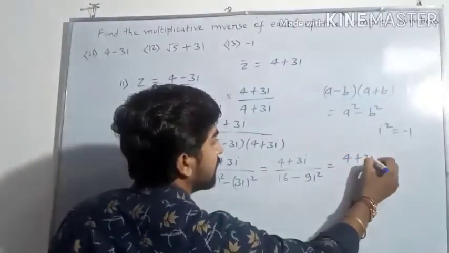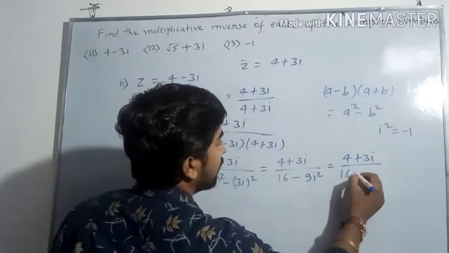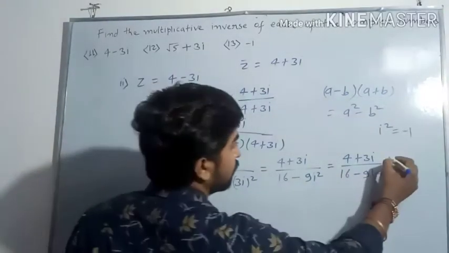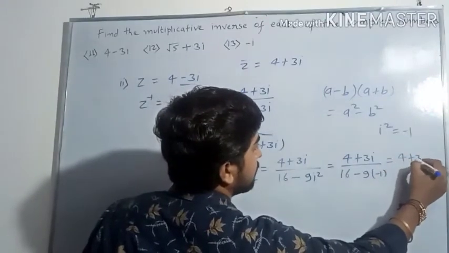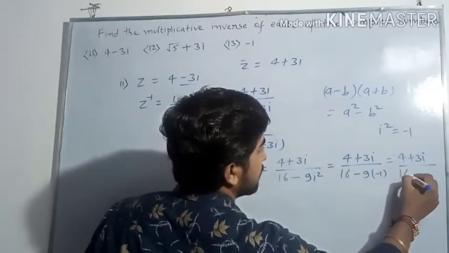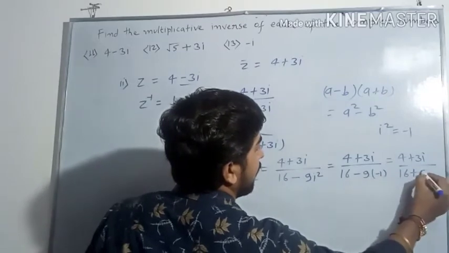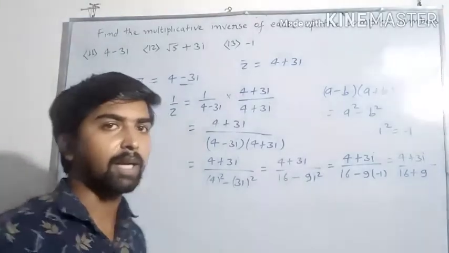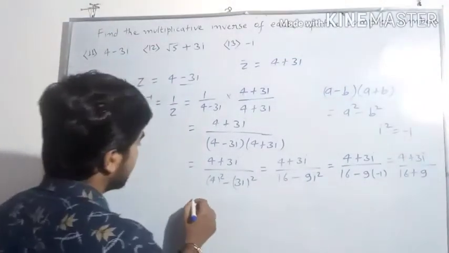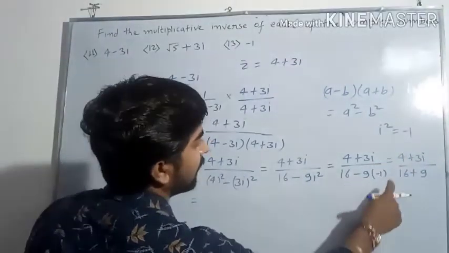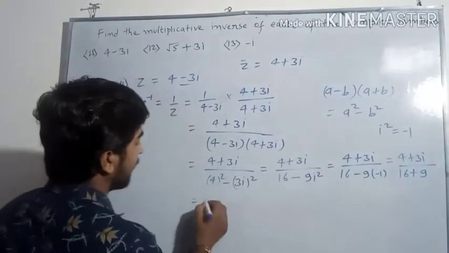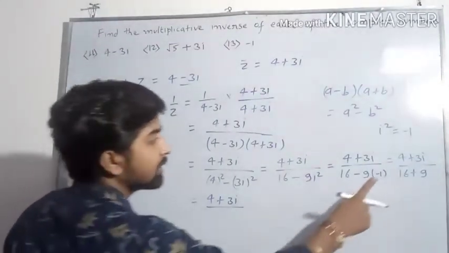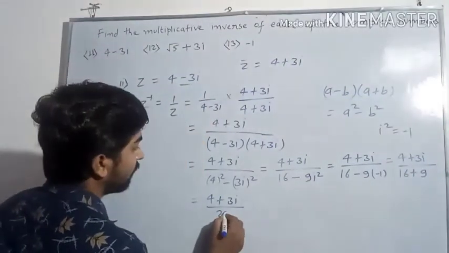So 4 plus 3i upon 16 minus 9 into minus 1, which equals 4 plus 3i upon 16 plus 9, since minus 9 into minus 1 equals plus 9. That is 4 plus 3i upon 25.